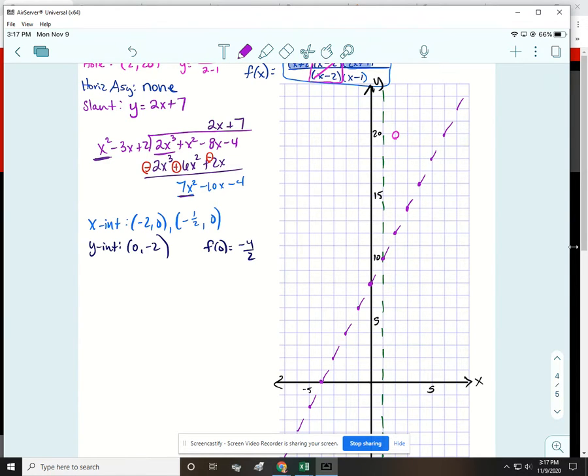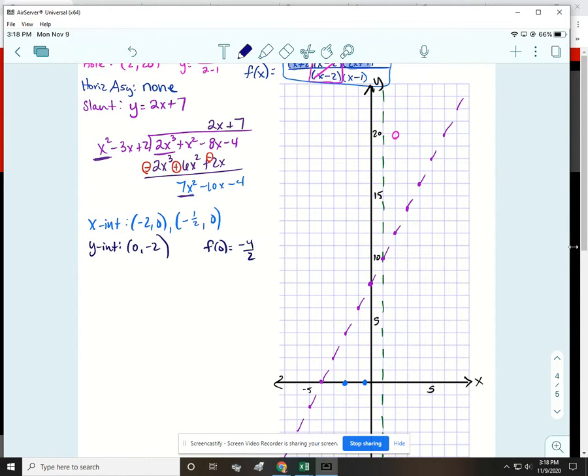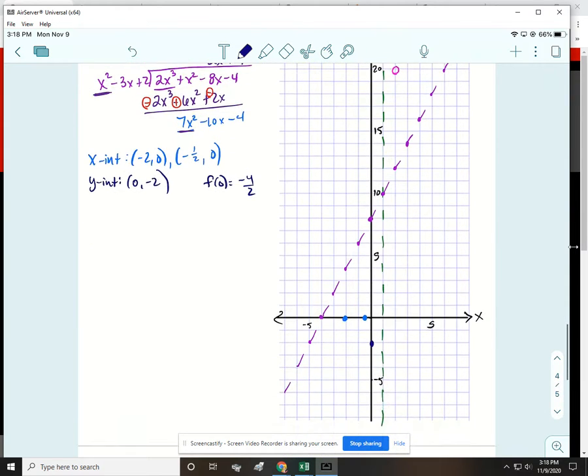All right. I have 2 x-intercepts. I have one at (-2, 0), and one at (-1/2, 0). And then I have a y-intercept at (0, -2). All right. I feel like that's enough for me to be able to do this graph down here.